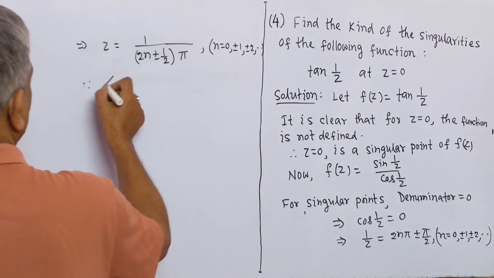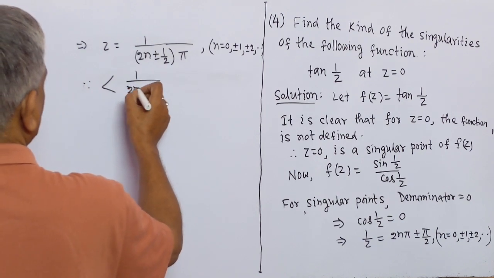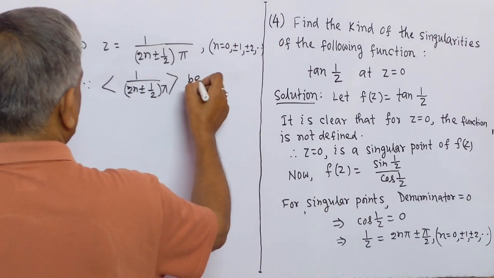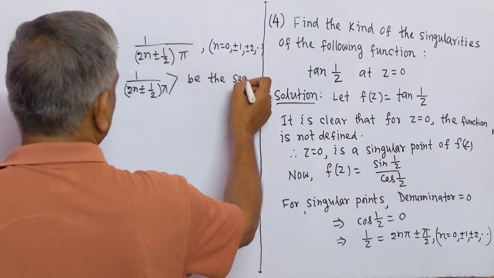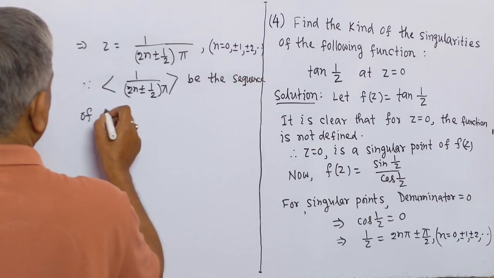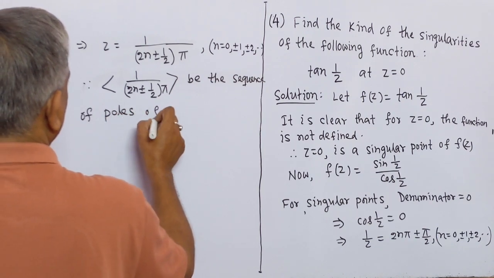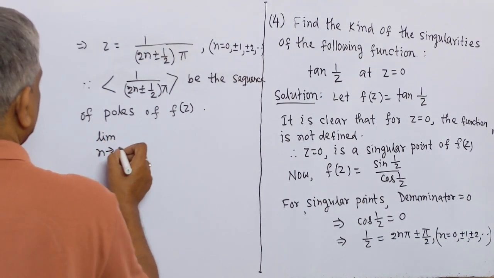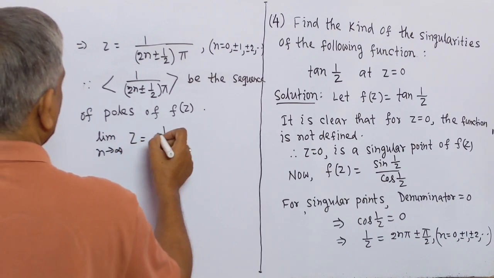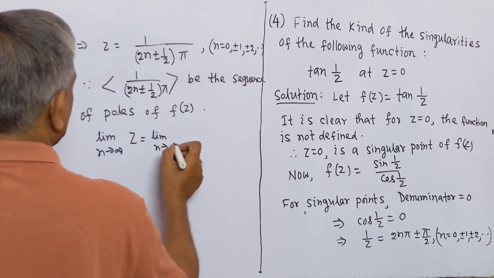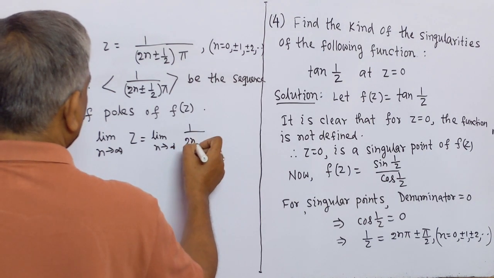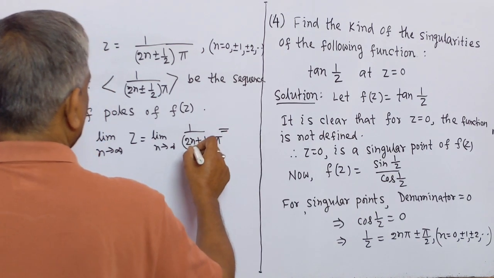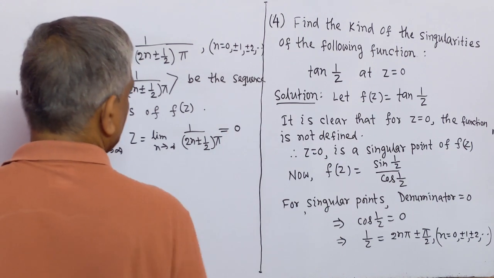Since 1 by (2n plus minus half) pi is the sequence of poles of f(z), limit n tends to infinity, z equal to limit n tends to infinity 1 by (2n plus minus half) pi, and this will be equal to 0.